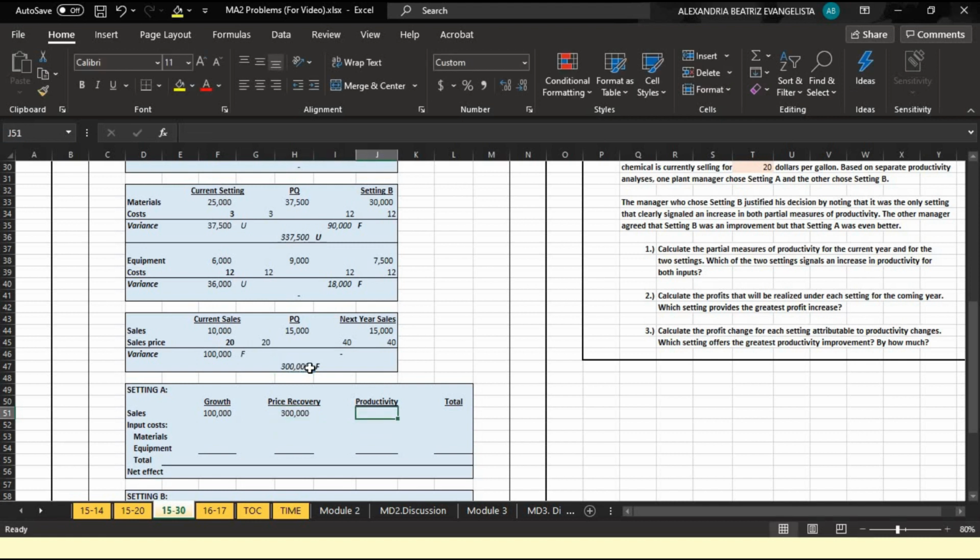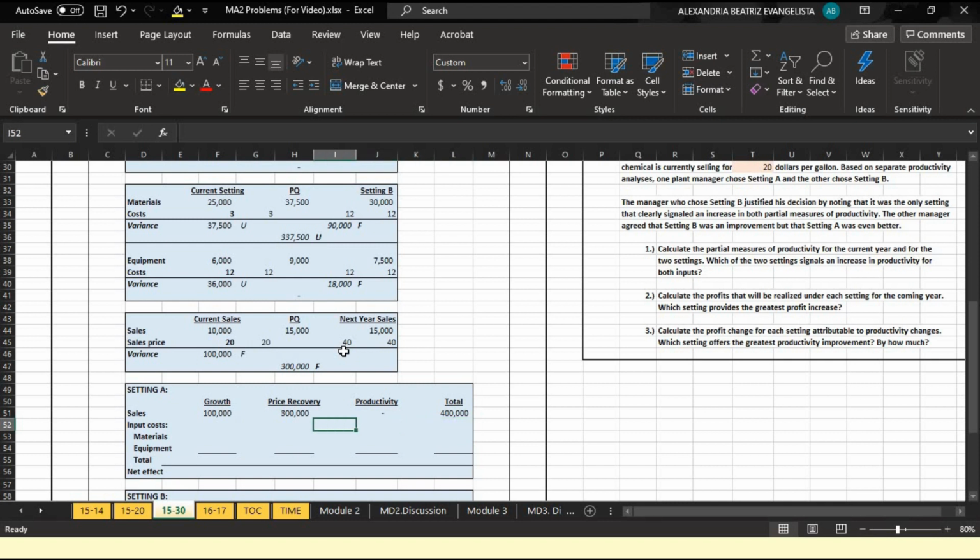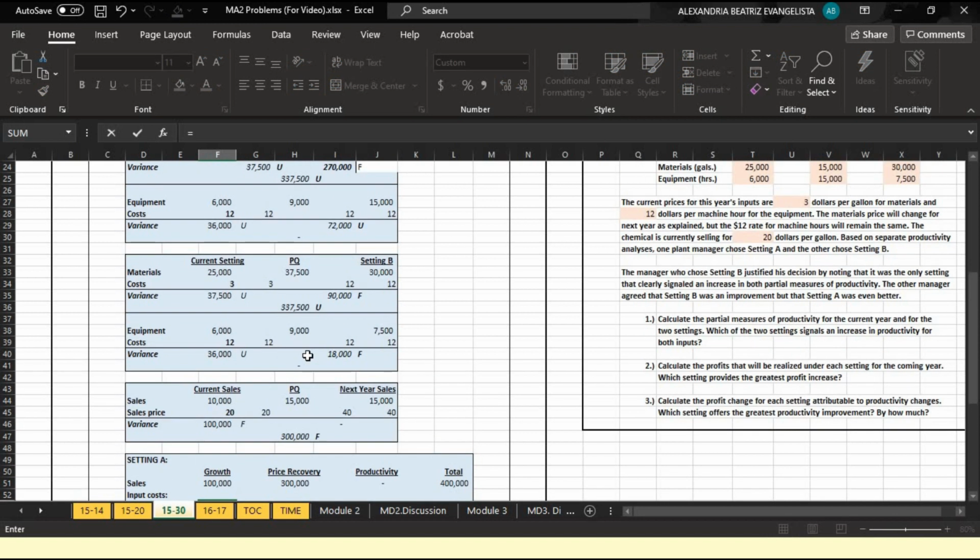For productivity, well, that is 0. So the total, okay, let's just put 0. So for the total variance for sales, that is 100,000 favorable plus 300,000 favorable. That would give us 400,000 favorable.